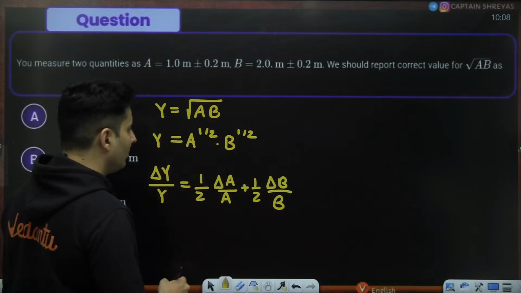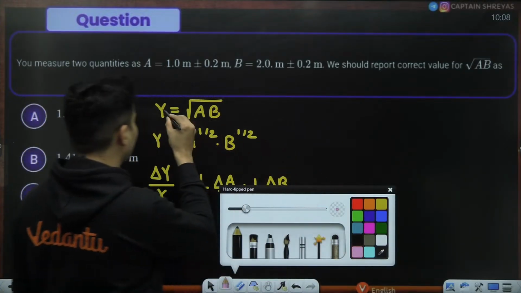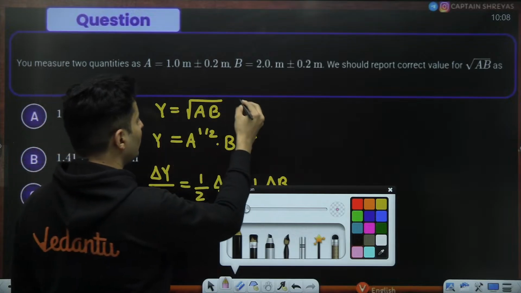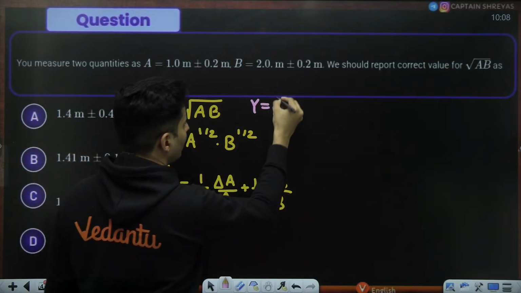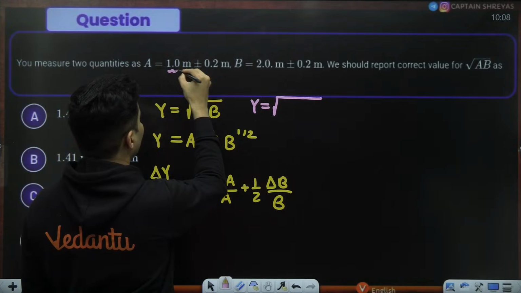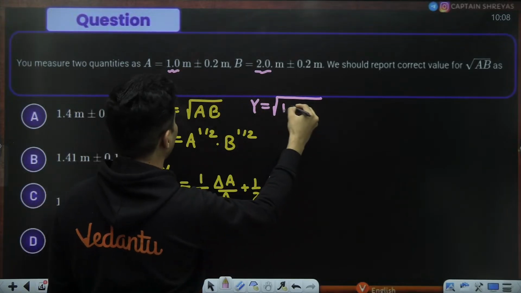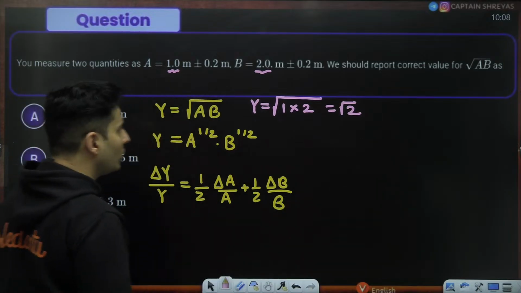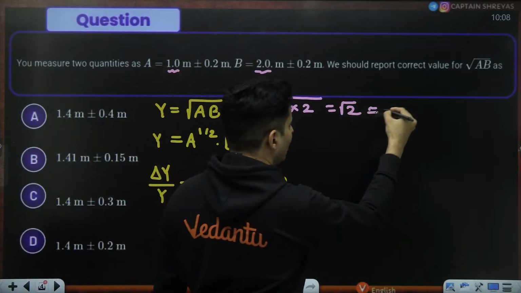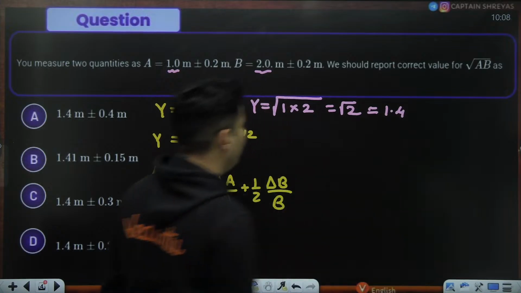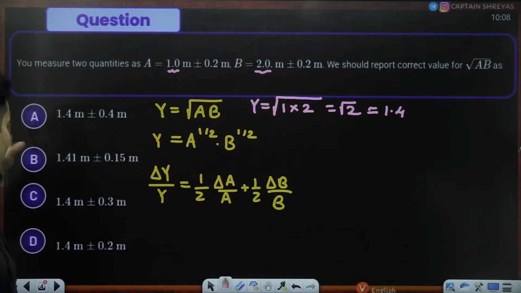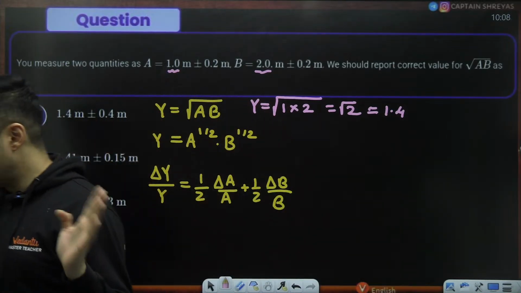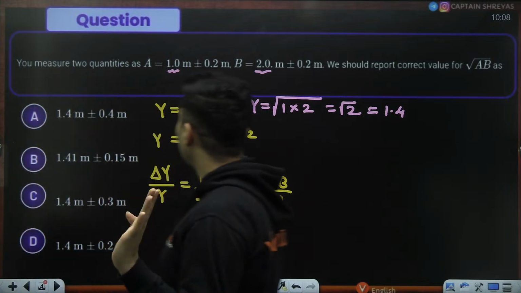Now let's talk about the basic thing. What is the value of y? So it is root ab. So y being root ab, a is nothing but this, b is nothing but this, so 1 into 2, it is nothing but root 2. So root 2 we know is nothing but 1.4, so 1.4 should be there. I hope this is absolutely clear.